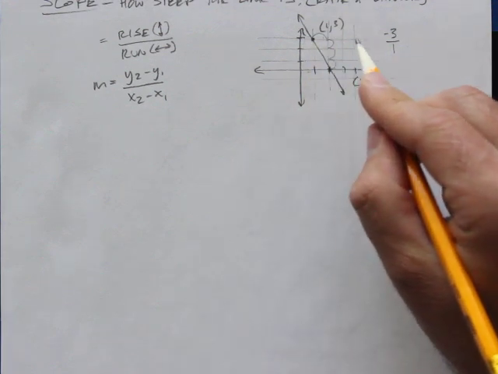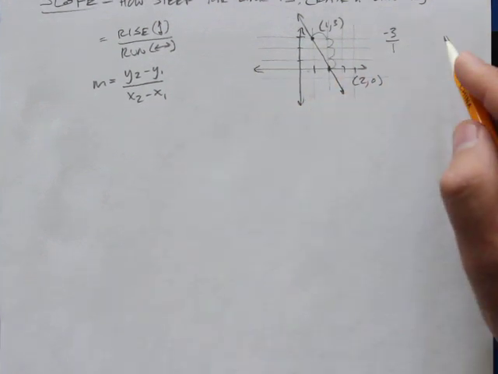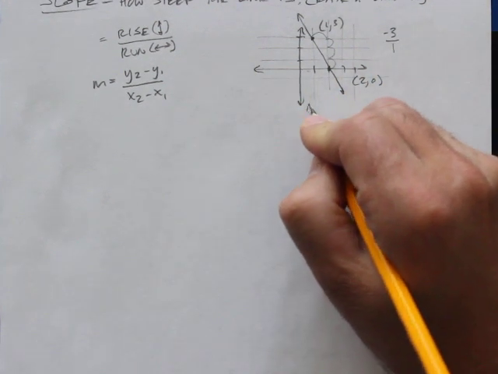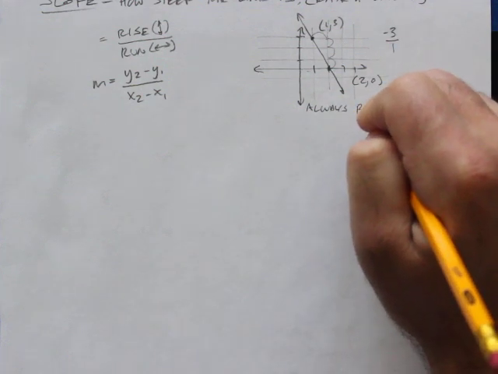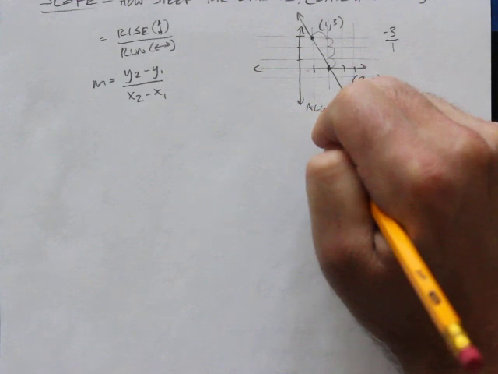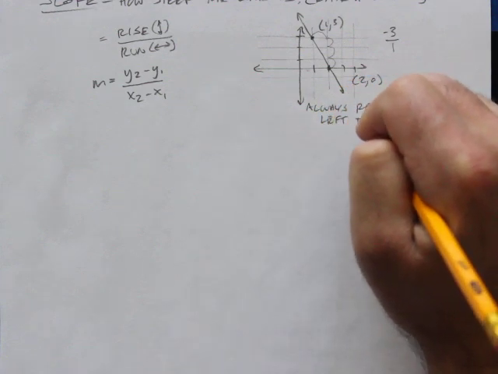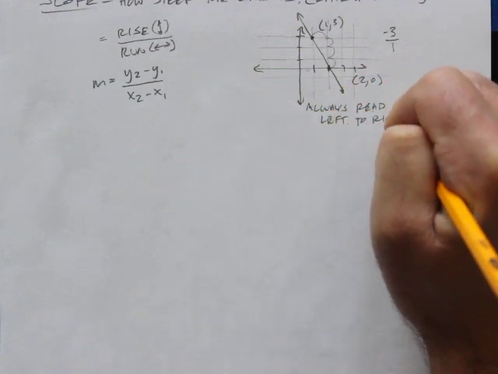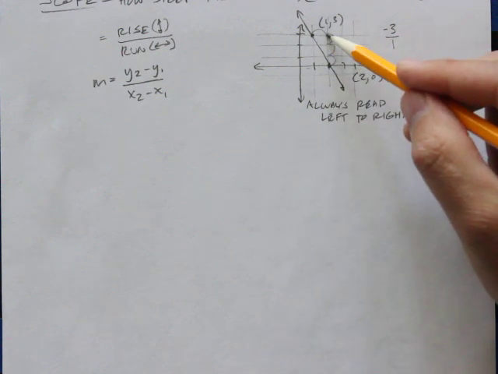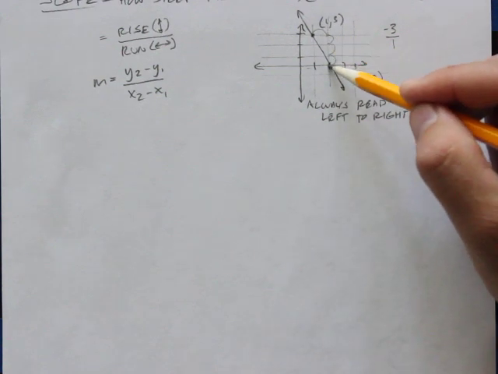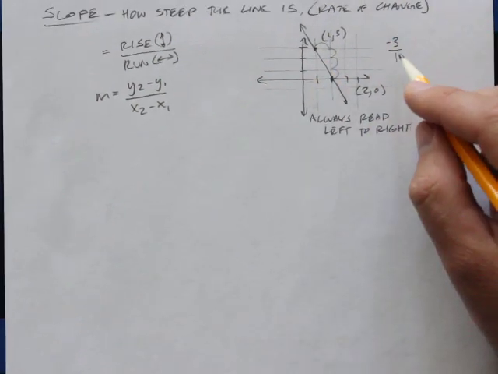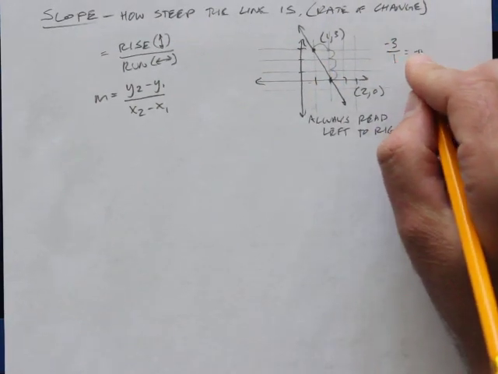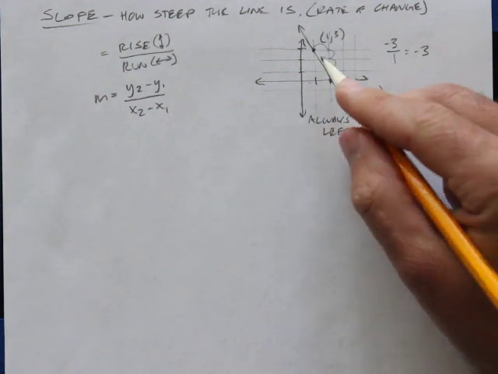I'm always looking left to right. Always read left to right. So I have +1 and then down 3. So my rate of change, or my slope, is -3 over 1, which is just -3. That's my slope for this line.